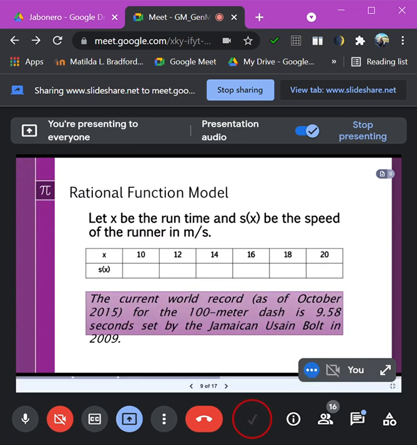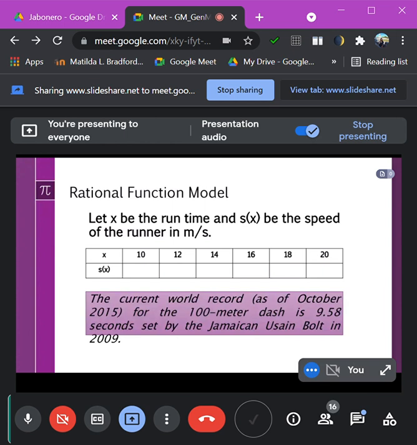So you will have there 10 and 10, 12 and 8.33, 14 and 7.14, and you can do the same for 16, 18, and 20.